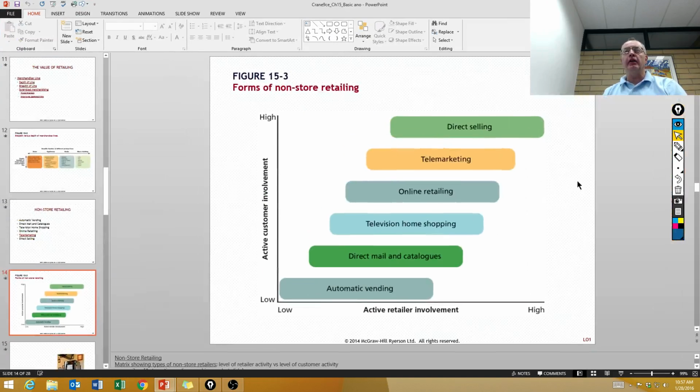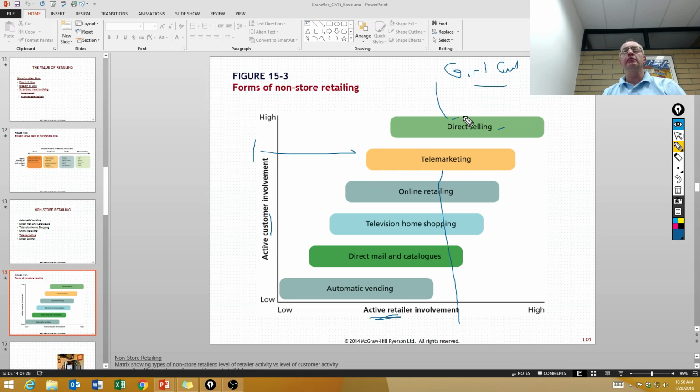Okay, we have telemarketing. So there's more involvement from the retailer here because you have a body on the other end that calls you up, and of course there's a high level of participation from the customer because you have to answer the phone and talk to the person. And then we have direct selling. So probably the best examples of direct selling that we can think of are Girl Guide cookies. So the Girl Guide's going door to door selling their cookies.